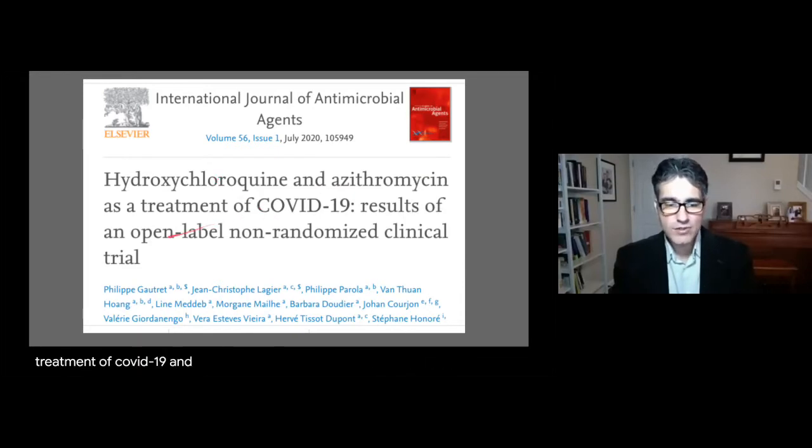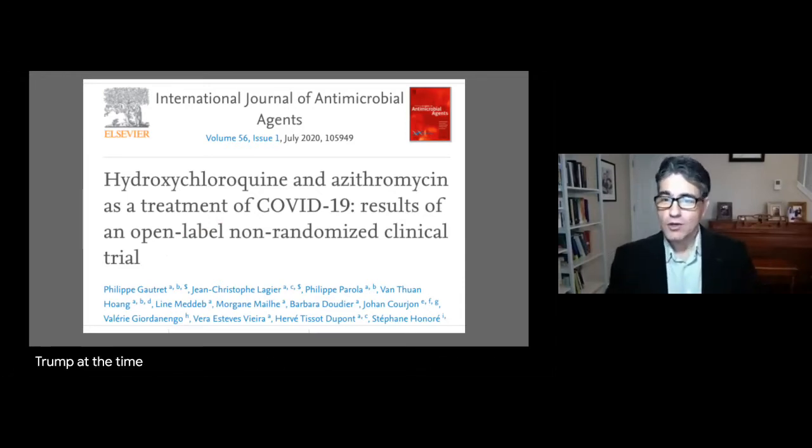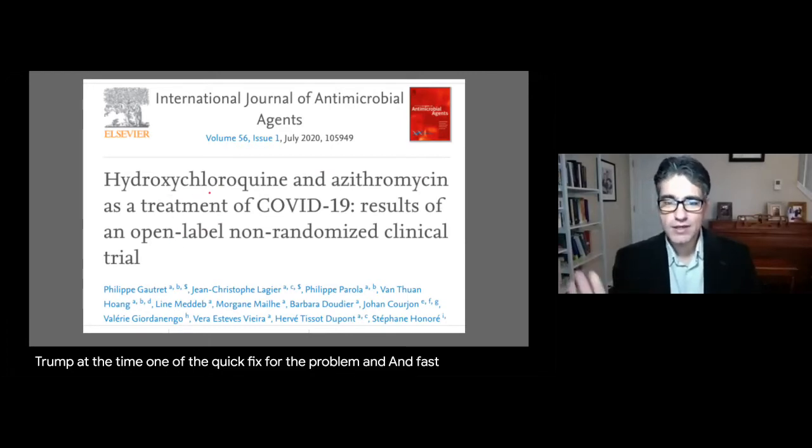And there was this Gautret et al. article, that was widely touted at the beginning because a lot of people, including President Trump at the time, wanted a quick fix for the problem.